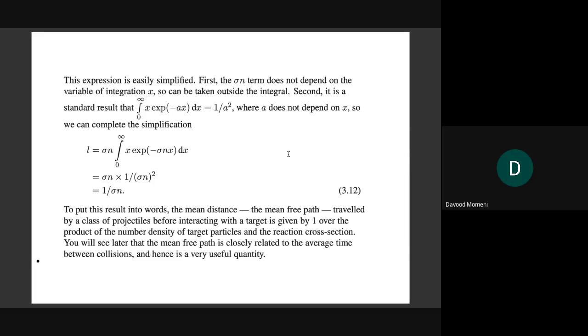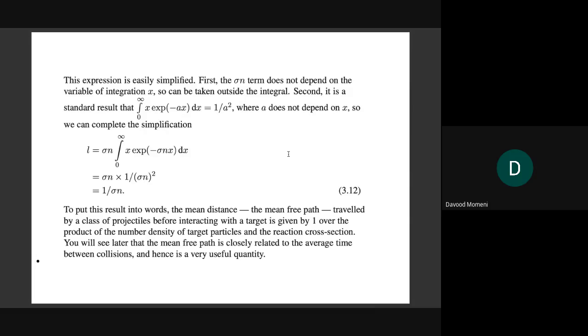If you want to interpret this result, we can say that the mean free path is the distance traveled by the particle, which we call the projectile. A projectile is the particle which you shoot with a gun at the target, always remember.